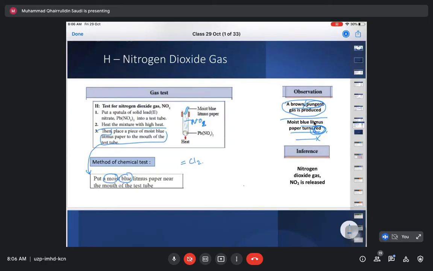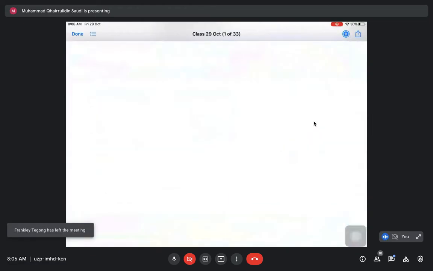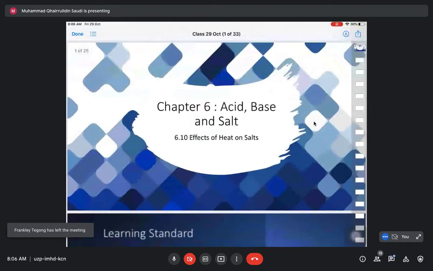Ataupun bila test with moist blue litmus paper, the blue litmus paper turns red and then white, so tahulah itu chlorine gas. Tapi kalau a brown gas is produced, oh, ini bukan chlorine lah. Ini adalah nitrogen dioxide gas. When blue litmus paper turns red tapi tak turns to white, oh ini adalah nitrogen dioxide gas. So your inference is nitrogen dioxide gas is produced.